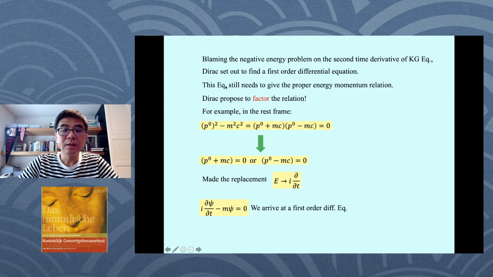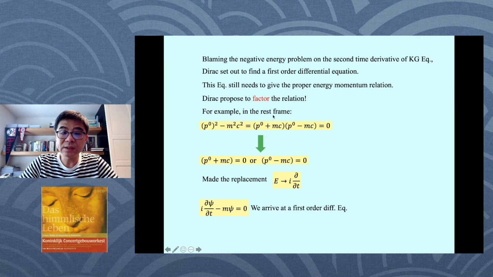However, this equation still needs to give the proper energy momentum relation. And therefore, Dirac proposed to factorize the relation.